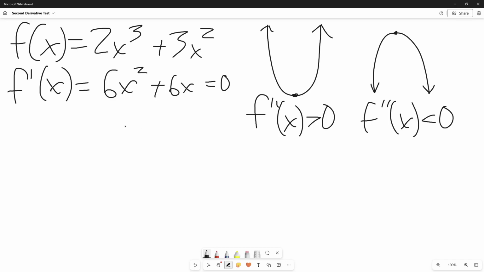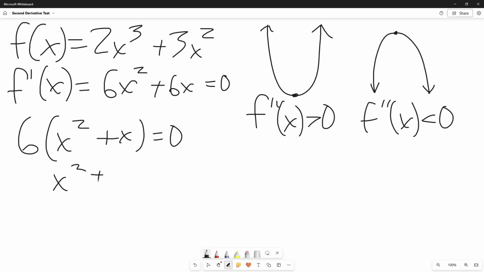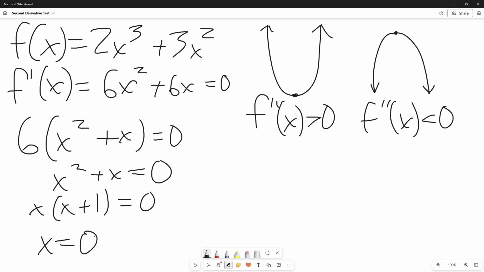And when we set this equal to 0, we get 6 times (x squared plus x) equals 0, or x squared plus x equals 0, or x times (x plus 1) equals 0. Now you get x equals 0 or negative 1. And now we have our values, but we don't know which one of these is a minimum or maximum.